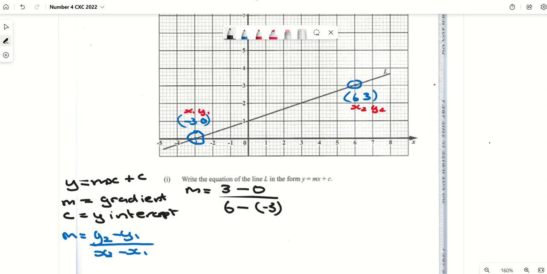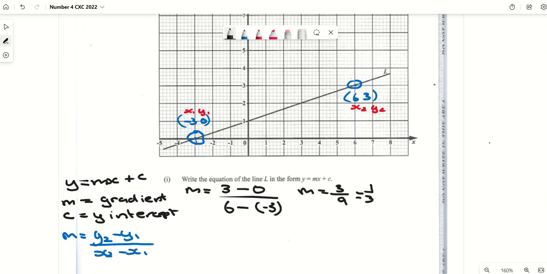So the gradient would be 3 over 6 minus negative 3. A minus and a minus is a plus, so it'll be 6 plus 3, which is equal to 9. So we know the gradient, if we break this down further, is a third.